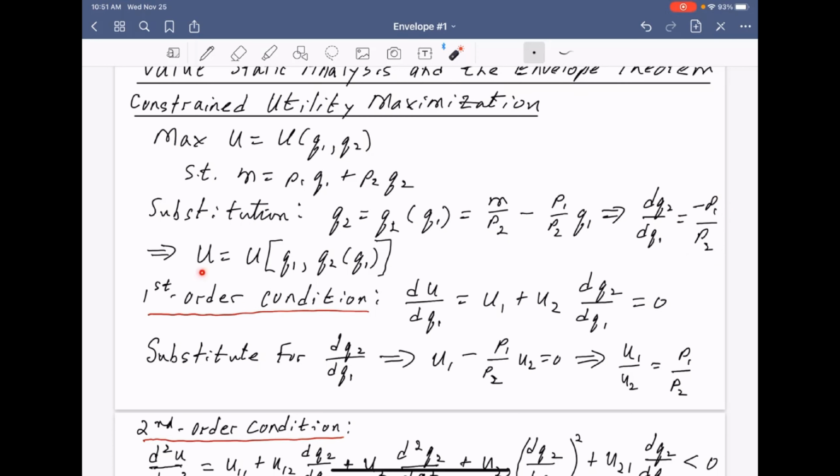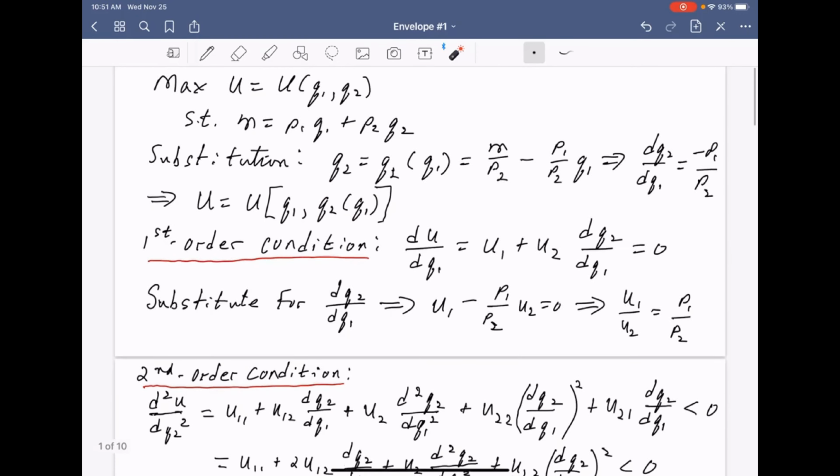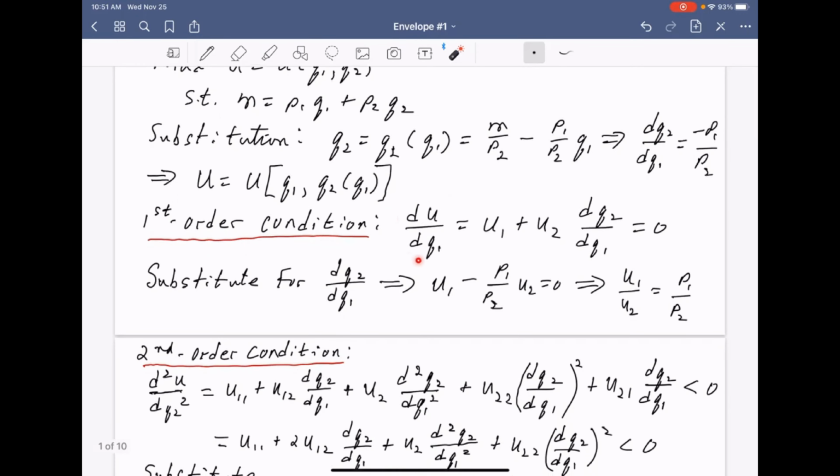Then we write the utility function as a function of Q1 and Q2, remembering as we go along that Q2 is a function of Q1. The first order condition then is that dU/dQ1 is equal to the marginal utility of 1 plus the marginal utility of 2 multiplied by dQ2/dQ1. And we set that equal to 0 because we want to stay on the same utility function.